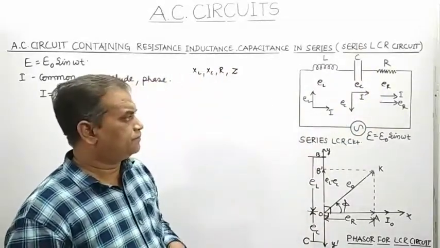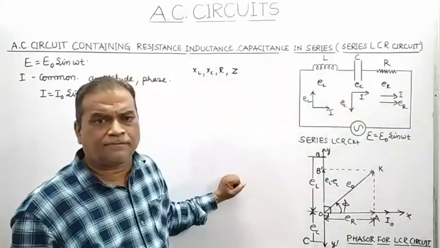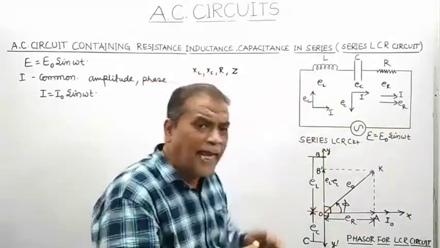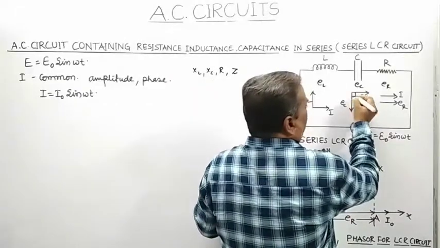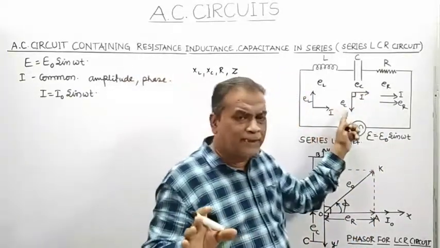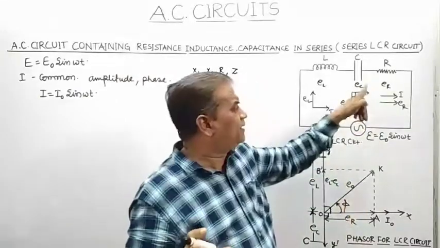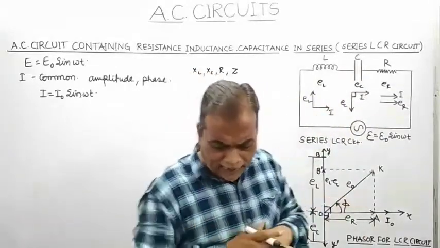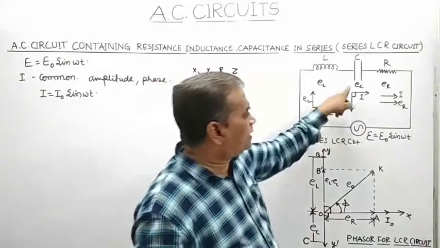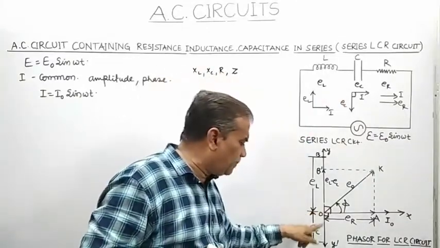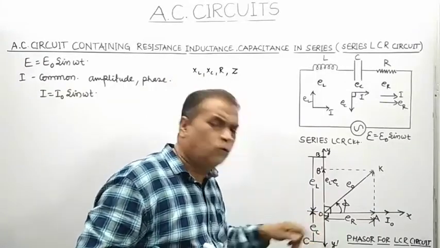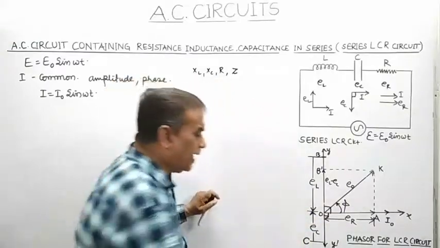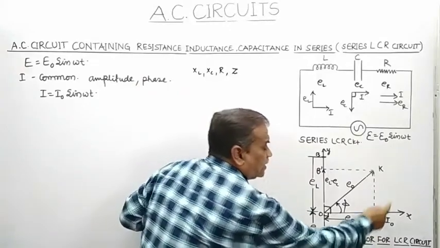We know that voltage across the capacitor, look at this phasor diagram, always lags the alternating current by a phase angle of 90 degrees. Hence, the voltage across the capacitor here is shown by means of a phasor OC, which is rotated through 90 degrees in the anti-clockwise direction from the direction of current I0.